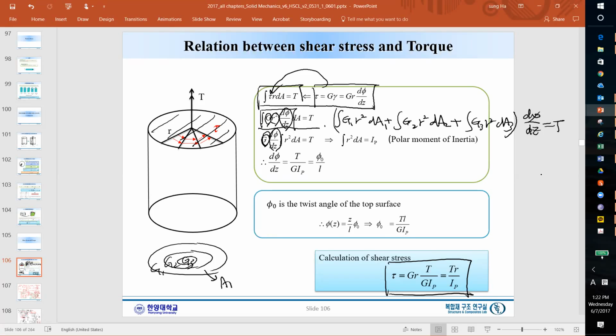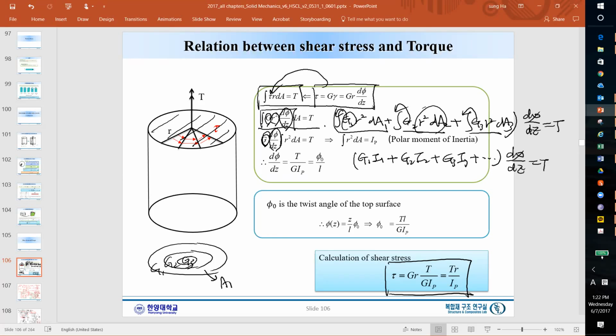This is the torque T. In each region, G1 is a constant and can come out of the integration, so this one will be G1, and the rest we can define as I1, G2 and I2, G3 and I3. If we have multiple materials, we can sum as many as the number of materials, and then dphi dz equals T.